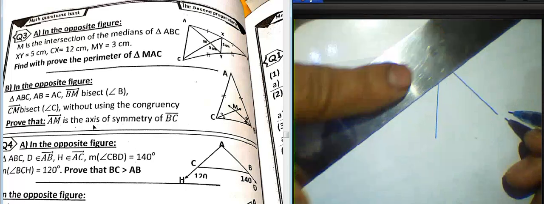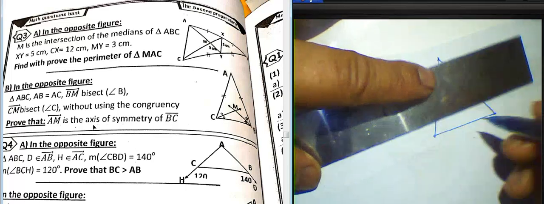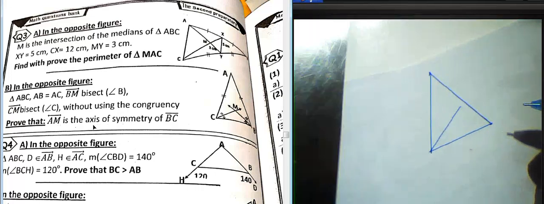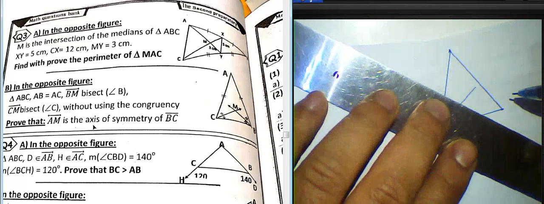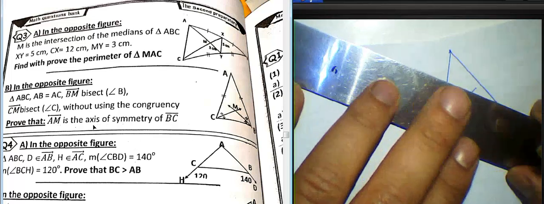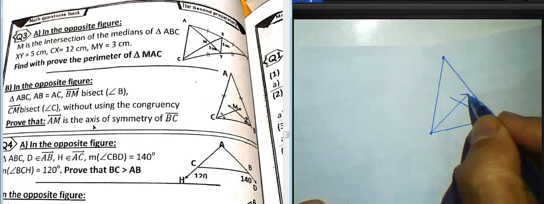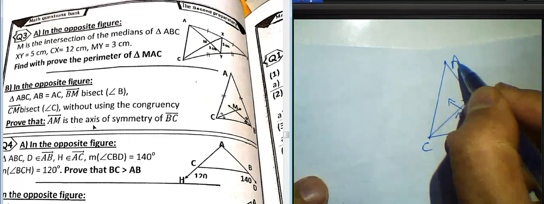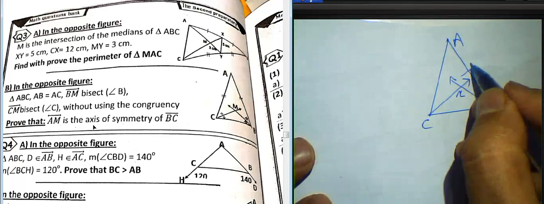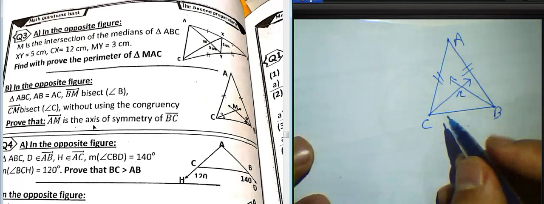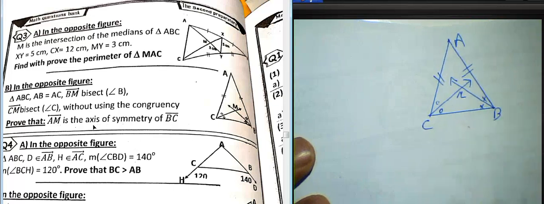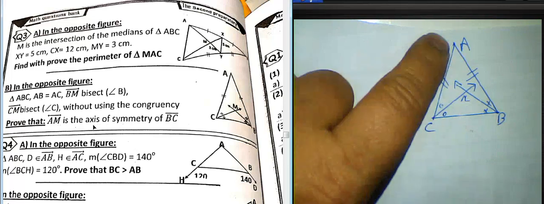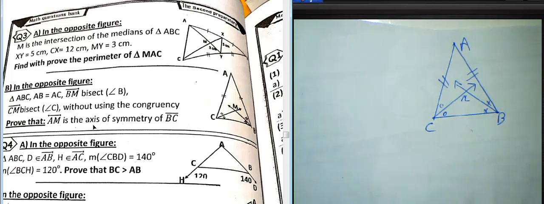My students, we have a triangle here, and we have two angle bisectors that intersect at one point. Look here, this point M, and here C and B, and the vertex here A. We have an isosceles triangle, and this angle equals this angle. He asked us to prove that AM is the line of symmetry of BC.